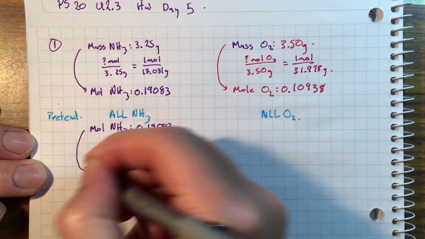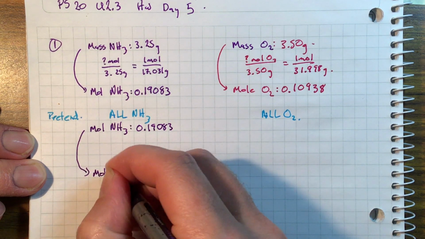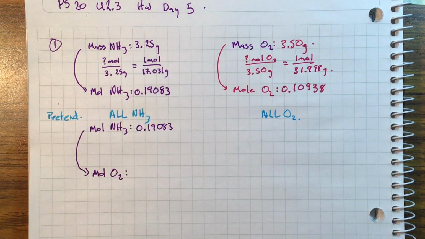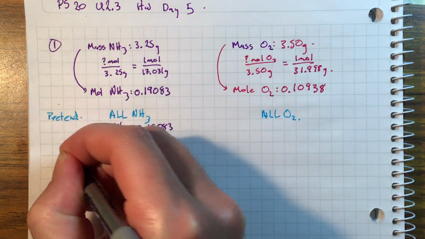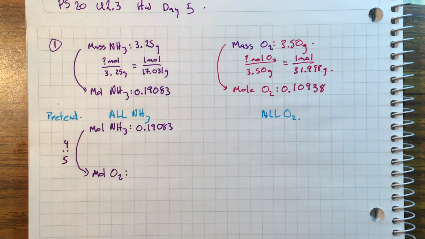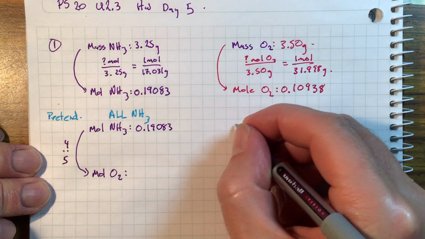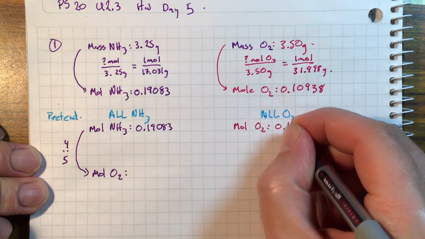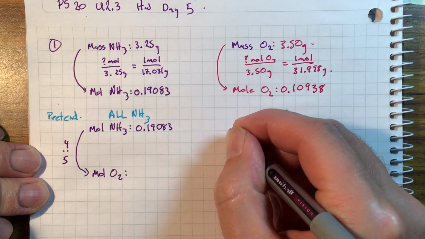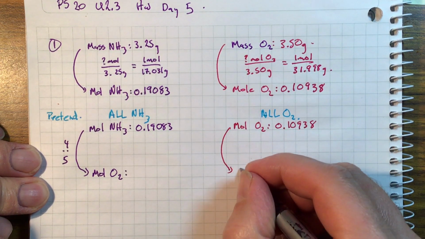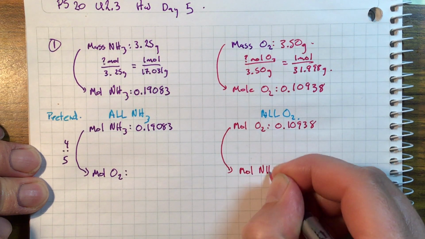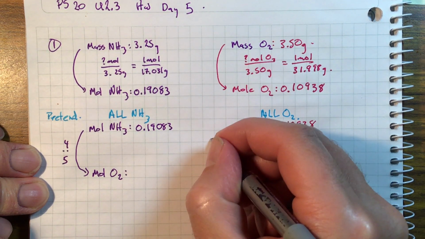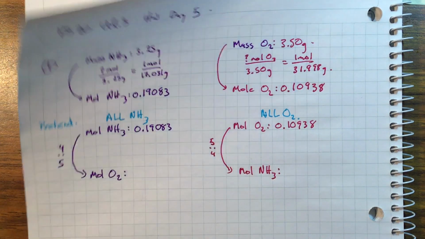We're going to figure out how many moles of O2 that would be, and we're going to use our molar ratio, which is 4 moles of NH3 to 5 moles of O2. Over here, we're going to start with our moles of O2, 0.10938. Then we're going to go to our moles of NH3, and our molar ratio will be reversed, 5 to 4.